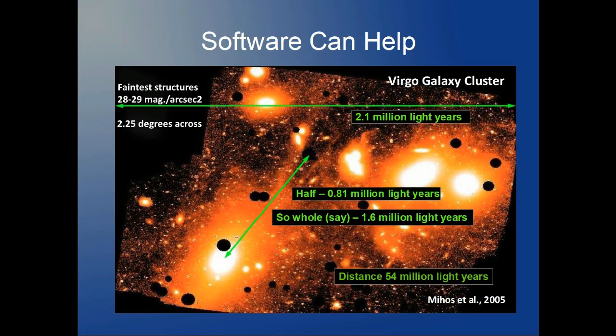Not all of M87 is shown in this image, but if we measure the top half at, say, 0.81 million light-years, and double that, we arrive at a value for the whole galaxy of 1.6 million light-years. So, if you're here tonight and you asked the question last month, you now have your answer, 1.6 million light-years.